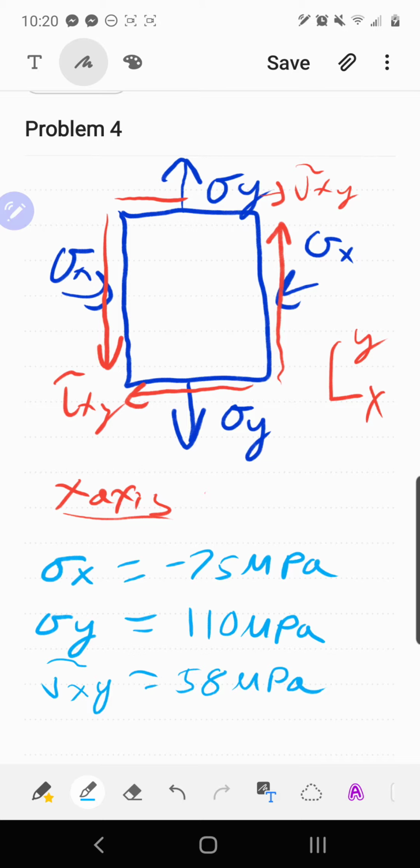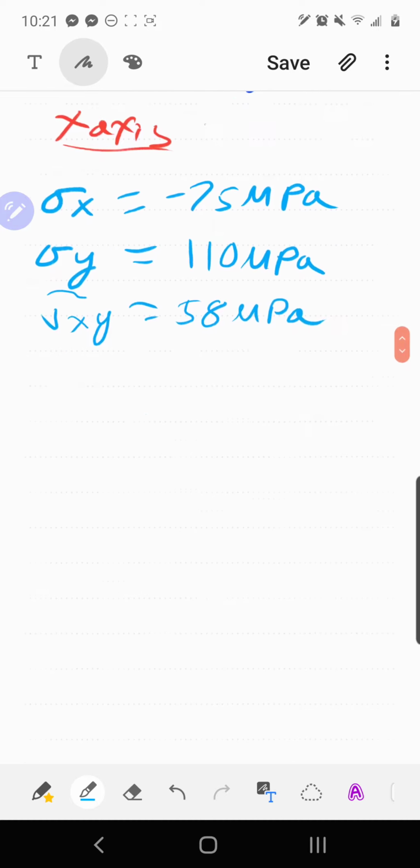All right, now how do we find the orientations of the stress planes with this information? So to do this, there are again more formulas. But again, similar to the first problem, you can solve this both with Mohr's circle and with formulas. I would always recommend to use the formulas as long as you know which ones to use.